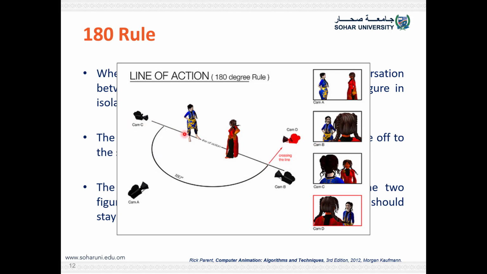So if the camera wants to show this figure, of course we'll go to this side and show this figure. If we want to show this figure, the camera will move and stand here to show this figure. So it is moving on one side in 180 degrees. Because of that, they call it the 180 rule.